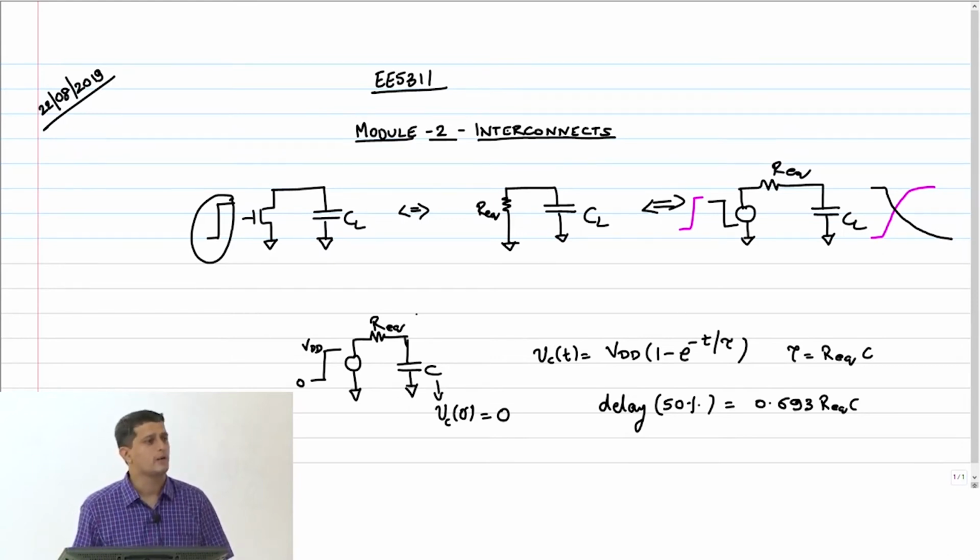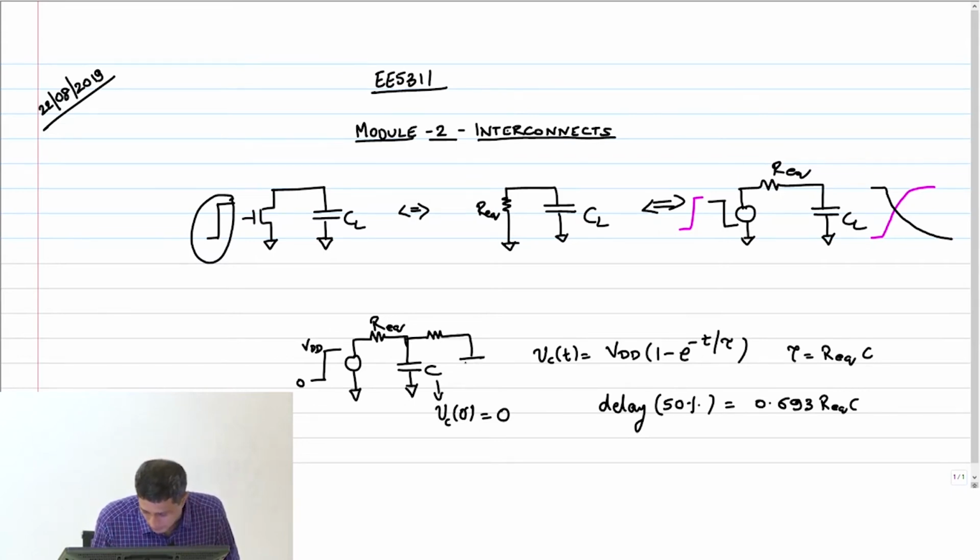Now, the interesting point, and it turns out that we will see more and more of this model coming into our logic gates and other things. What happens if I have another leg like this?